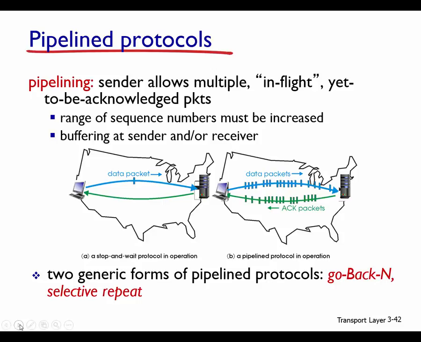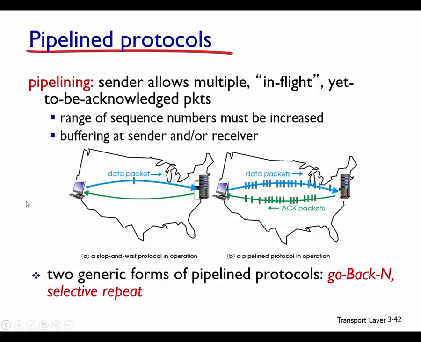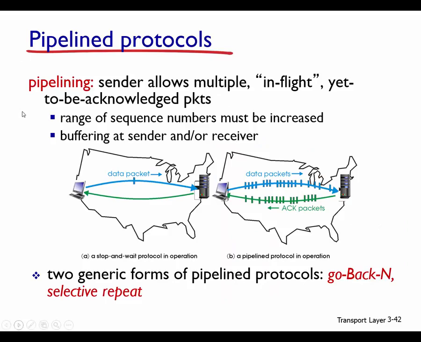Okay, let's talk a little bit about, we're kind of skipping ahead a little bit here. We're going to skip talking about some of the mechanisms for reliable data transfer.